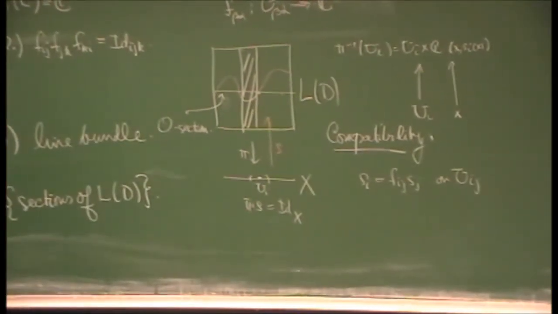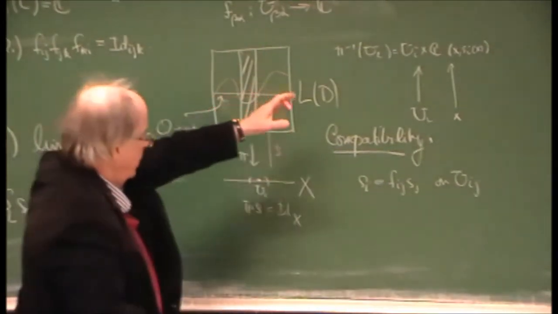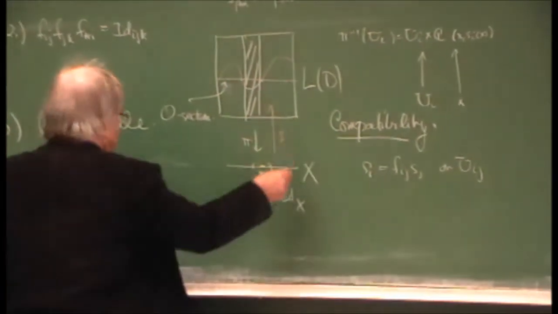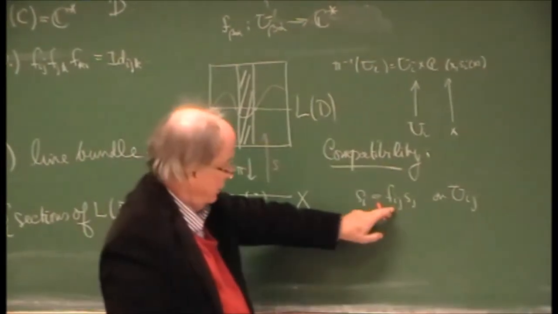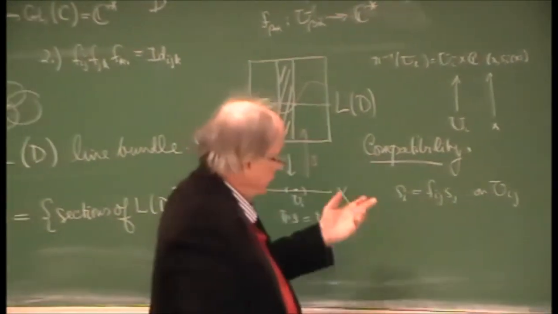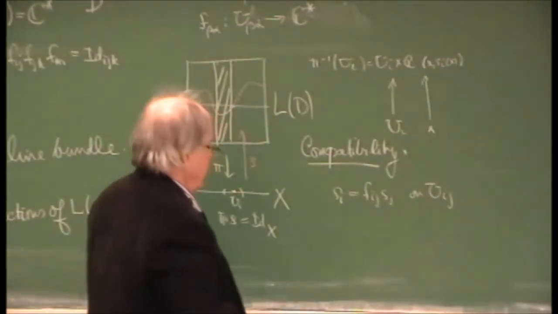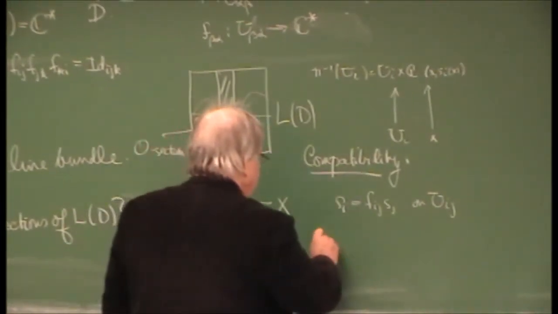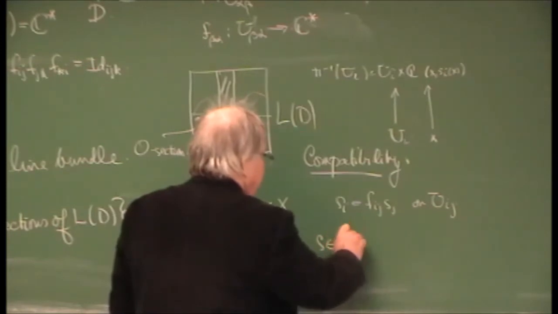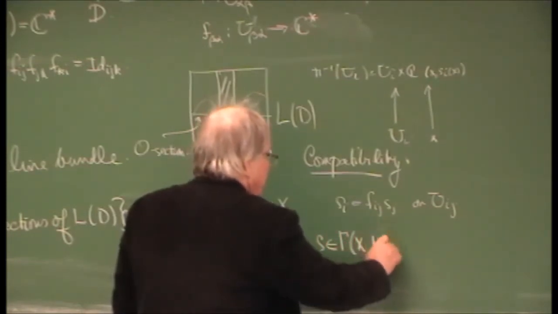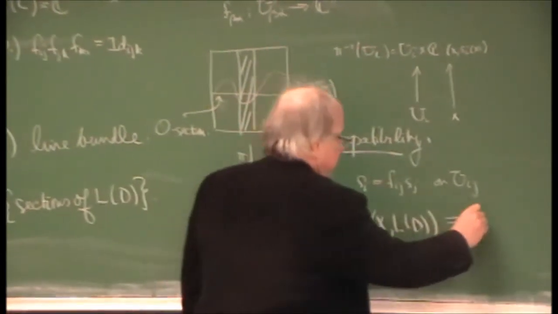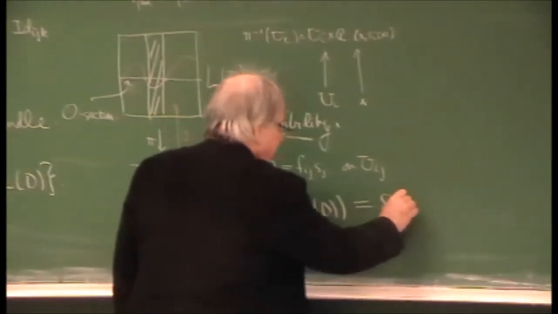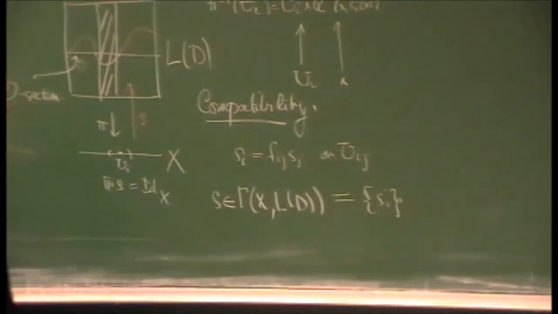So we've cut this thing apart with trivializations, and they are compatible in GL_1. And GL_1 is just a multiplication here. Simple-minded thing is that. So it says that a section in this bundle over X, using the trivialization, is the same thing as the s_i as above.